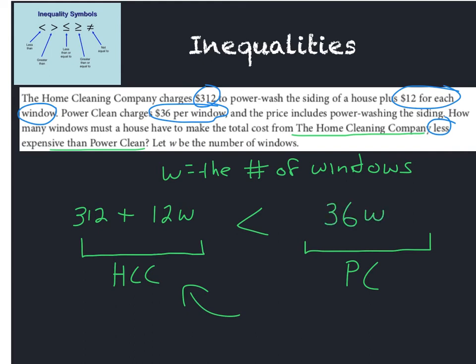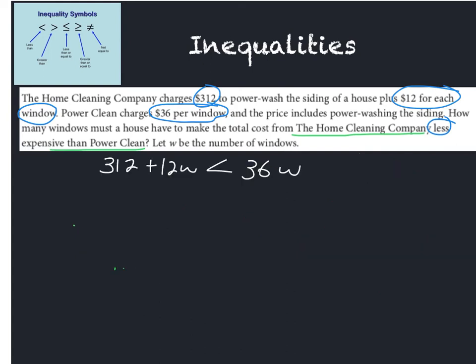Okay, so now we would just need to solve it. So let me move things around, and we'll go ahead and solve this. Again, we'd perform the same steps we would if this was an equation. We'd want to get the variable on the same side. So we'd want to move this 12W to the right-hand side.